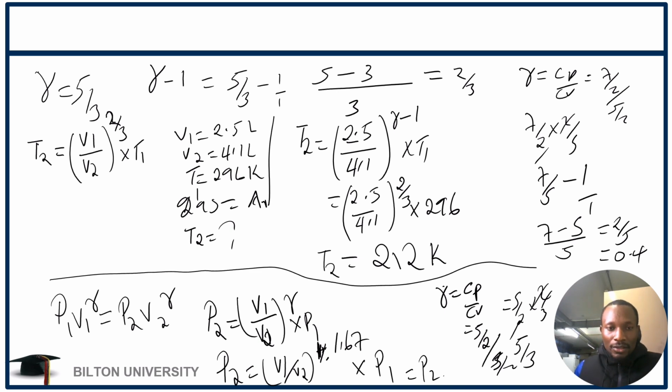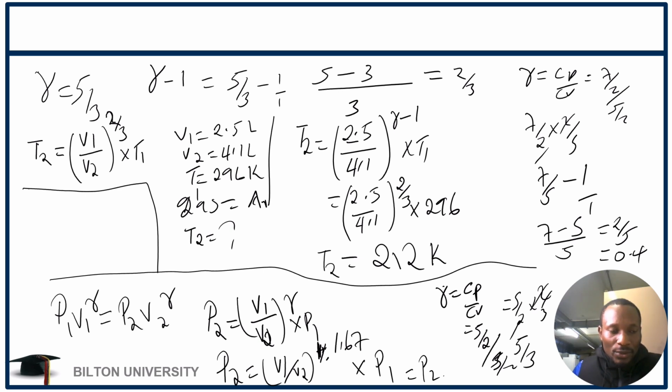Let's do it: 5 divided by 3 gives us that value. So now you need to know the type of gas you're working with, whether it is diatomic, monoatomic, or polyatomic. I hope this has made sense, so you can try to solve those questions.